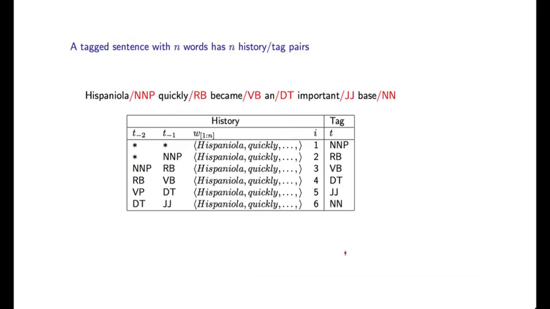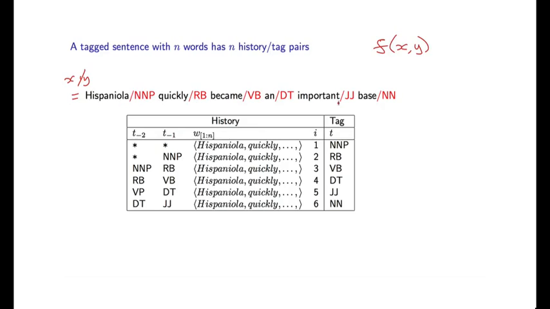Now, if we think about an entire x, y pair, I'm again emphasizing that our goal is to define a feature vector representation of an entire input x with an entire output y. So I have a sentence with a particular tag sequence.